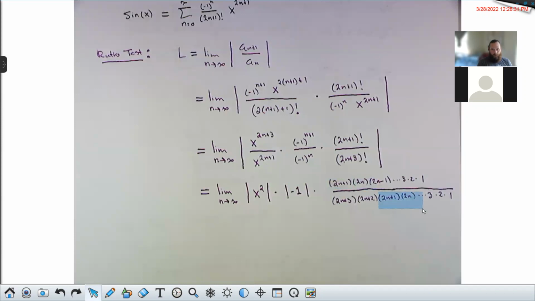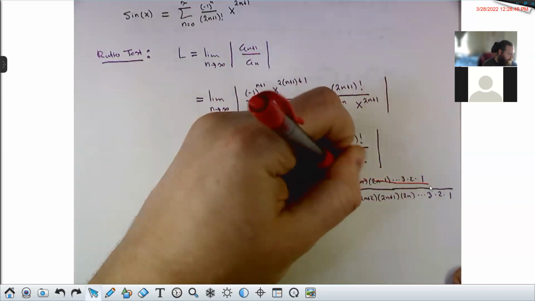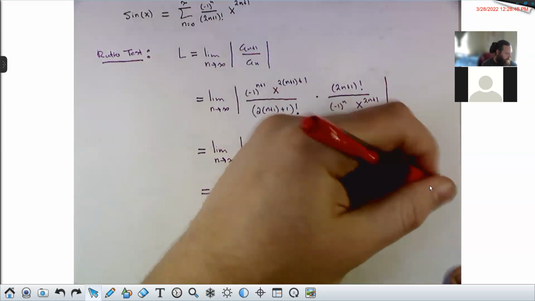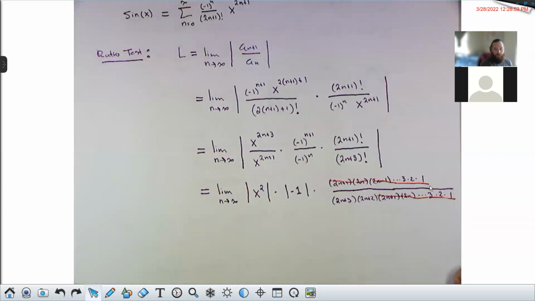In fact, I know that this is the product of all positive integers less than or equal to 2n plus 1, which is precisely what (2n plus 1) factorial is. So this whole chunk cancels with that whole chunk.